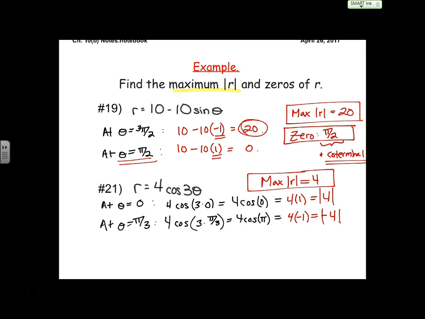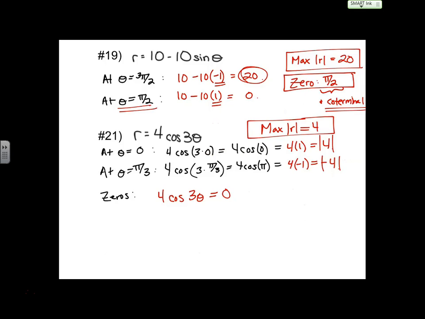Now sadly, we didn't find the zeros, so what are we going to have to do for the zeros? Good. So set R, which is the function 4 times cosine of 3 theta, equal to 0. Now how do we solve? So we divide by 4 and take the cosine inverse of each side.